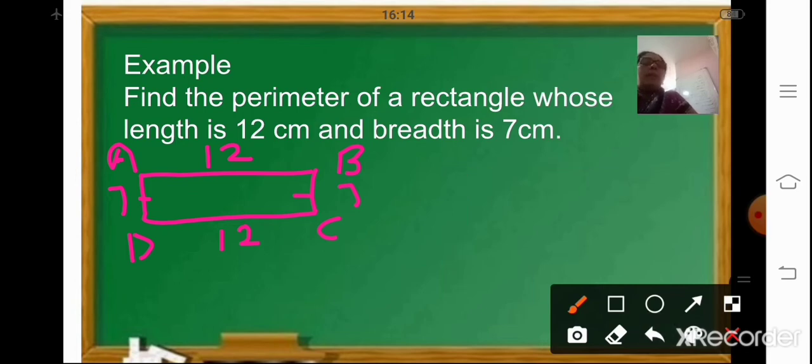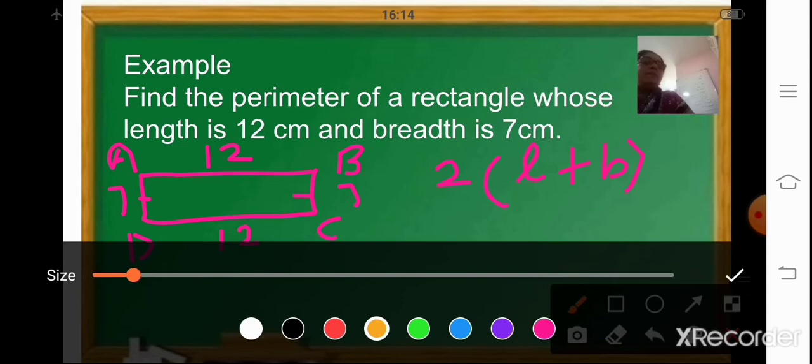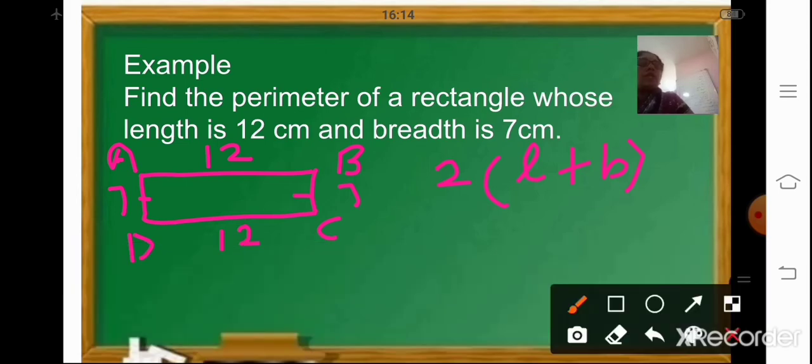Now how will you find the perimeter? So the formula to find the perimeter of a rectangle is 2 into length plus breadth. So what is your length? Your length is, yes, 12 centimeter. So 2 into length plus breadth, so 12 plus 7.